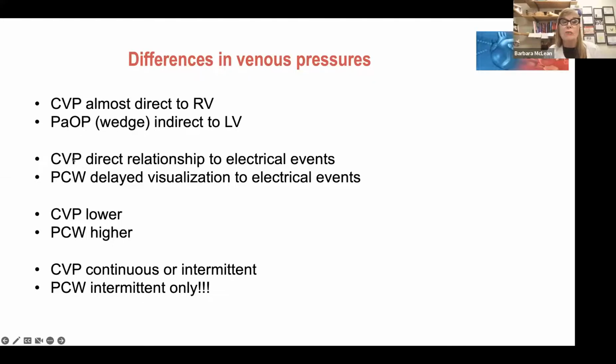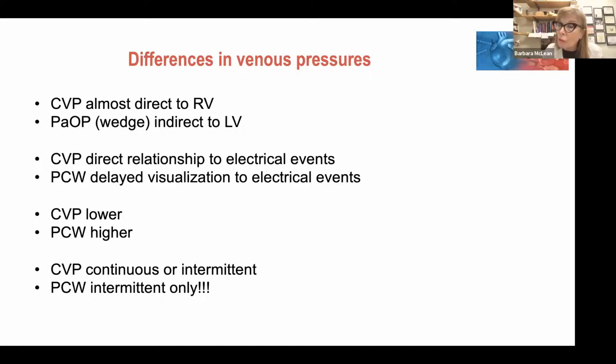In other words, the line I draw down post P communicates to the A wave in the central venous pressure. I'm going to have delay when I'm looking at wedge. So I still draw the line down post P, but I don't expect to see the A wave until just right after the QRS, because it takes time for that waveform to be conducted backwards.